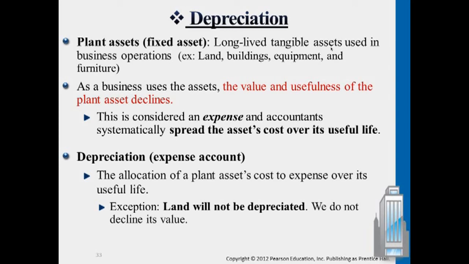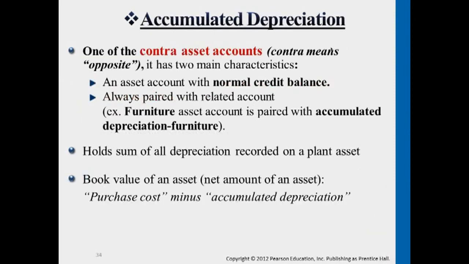Okay, so one of the accounts that we'll be using for long-term assets will be a depreciation account. This depreciation itself is an expense account. Okay, so for an expense account, whenever we record that, assuming $100, it will be captured under the debit side. So we're trying to allocate the plant asset's cost to an expense account.